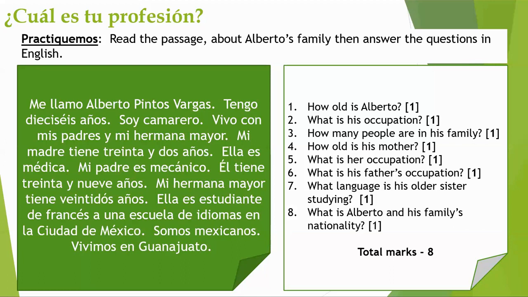All right. How old is his mother? Zanika, take that. How old is his mother? She's 32. You have to know your numbers, guys. It should be 32. All right, and let's look at the next question. What is her occupation?